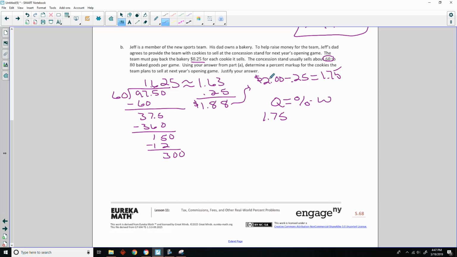From that $2, we're going to profit $1.75 per cookie if we sell them for $2 and give the bakery 25 cents back for each cookie it sells. So the quantity here is $1.75 equals the markup rate or percent times the original price of 25 cents. So I'm going to divide both sides by 0.25.